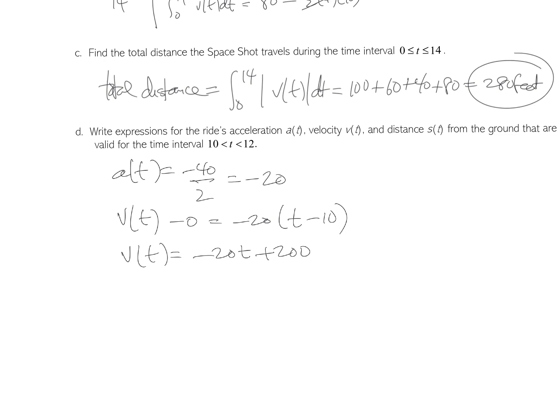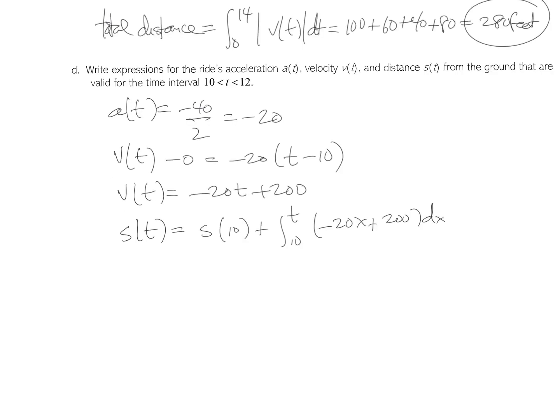And then if I find s of t, again, we keep on going, we're going to be starting at s of 10, plus we're going from 10 to t of minus 20x plus 200 dx. Again, I'm using x as a dummy variable there.